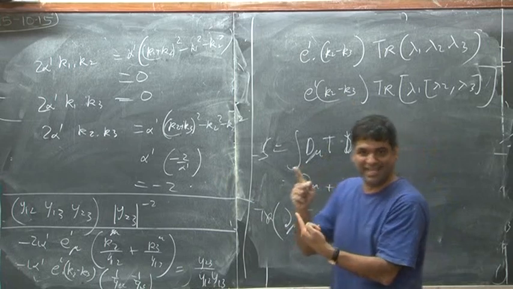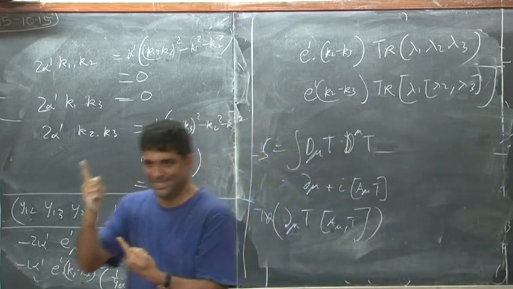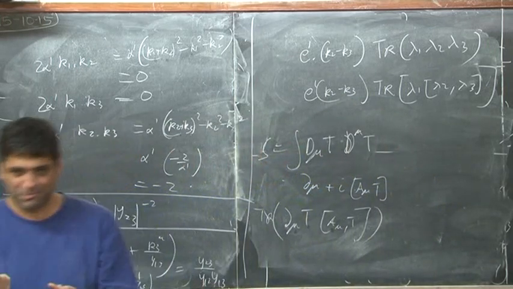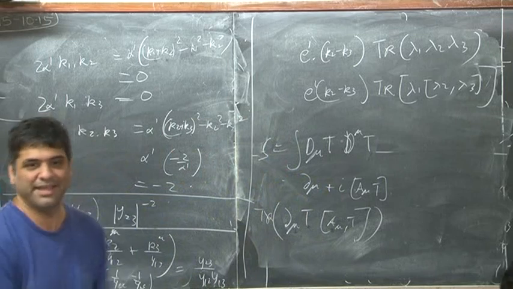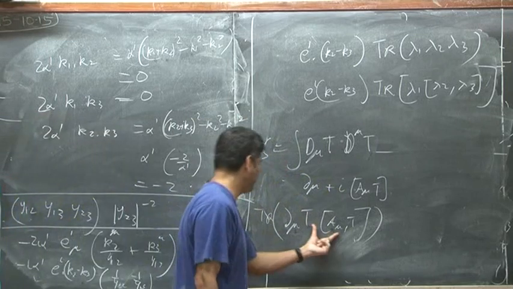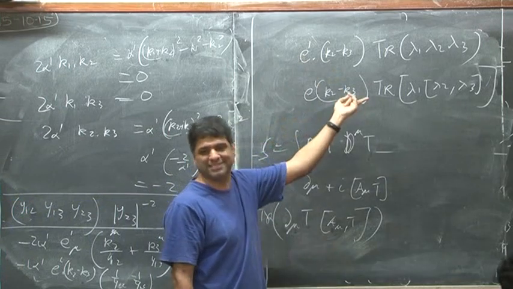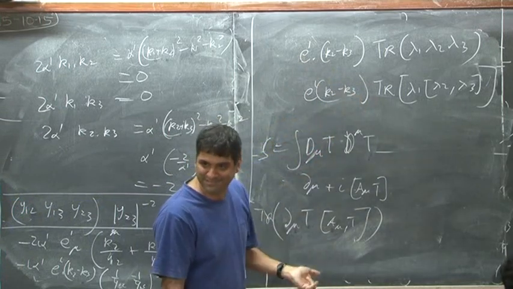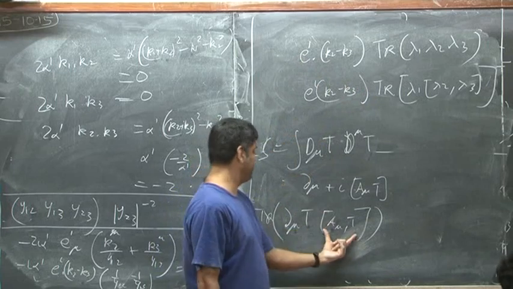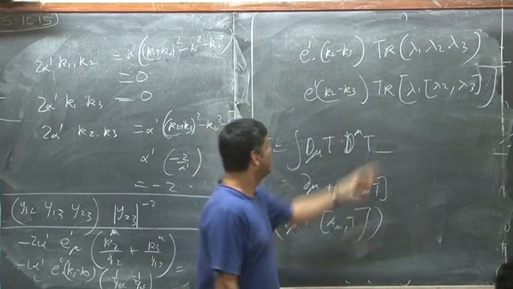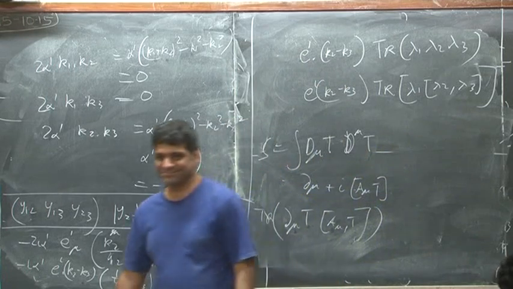The polarization index is orthogonal to K1, and therefore the polarization index for K2 and for K3 are the same thing. So this structure will give you the polarization index dot either K2 or K3, it doesn't matter. Might as well write it as K2 minus K3. And then this structure will give you this trace.